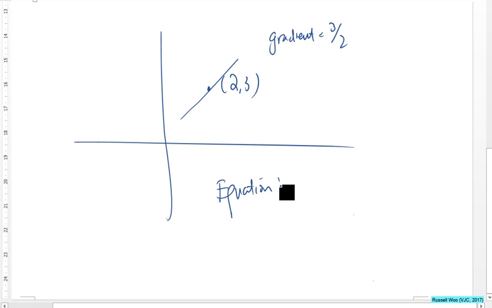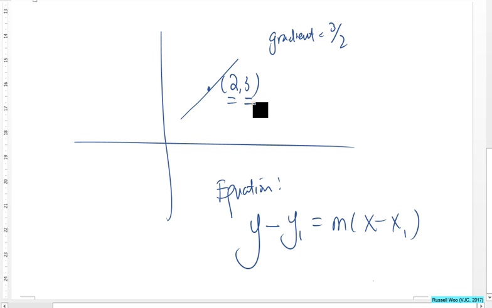The equation is y minus y1 equals m(x minus x1), where this is x1 and this is y1. That means the equation is y minus 3 equals 3/2 (x minus 2). Are you familiar with this idea?